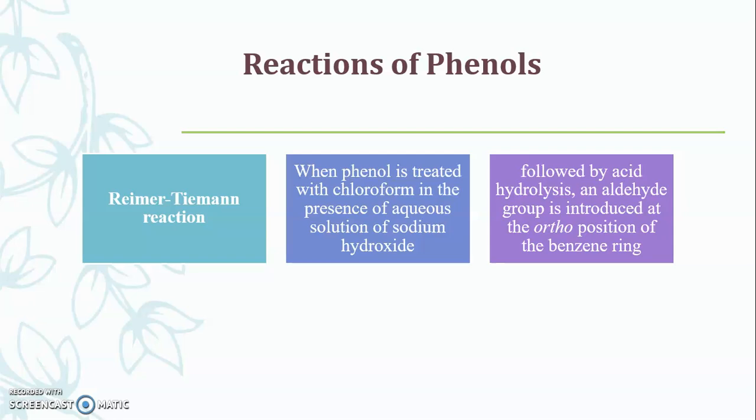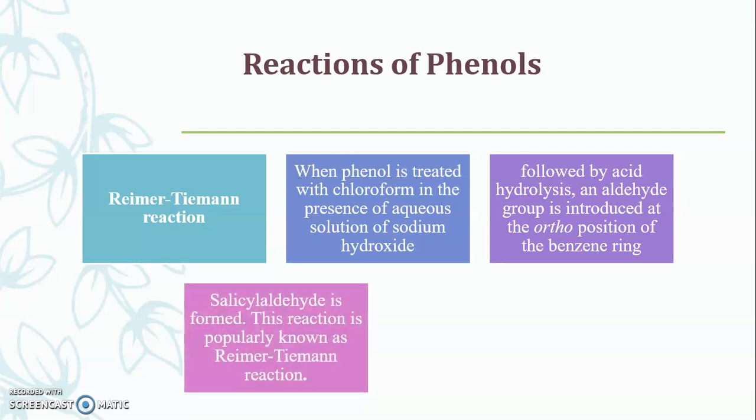As here we are going to introduce the aldehydic functional group, that's why this reaction is also known as the Reimer-Tiemann formylation. Now when phenol undergoes the Reimer-Tiemann formylation, it forms salicylaldehyde.